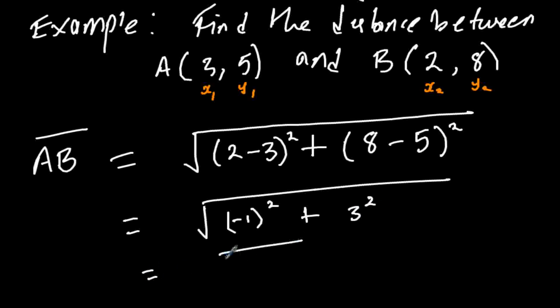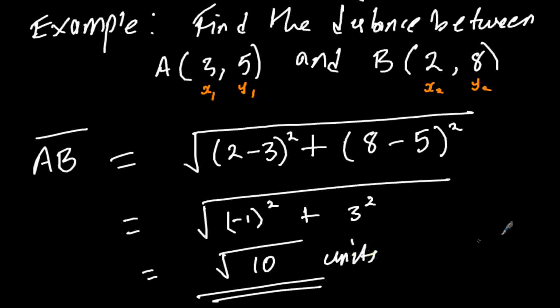So we shall be having the square root of negative 1 squared plus 3 squared, which is the square root of 10. So this one is our answer, in units, since we are talking about distance.